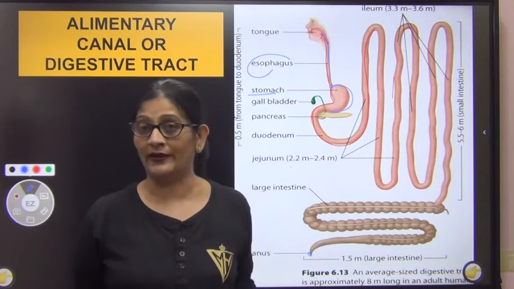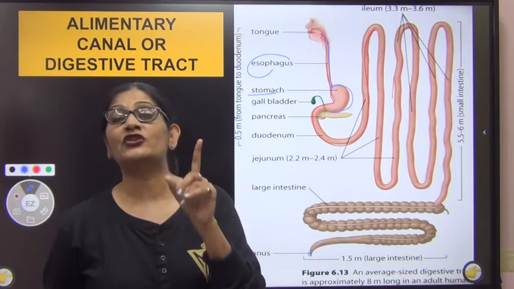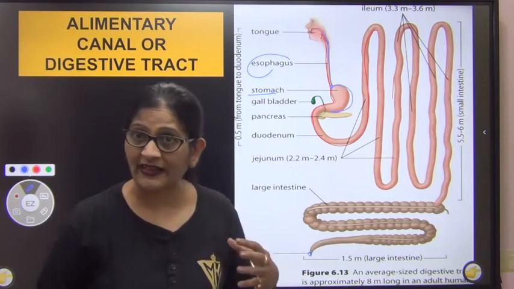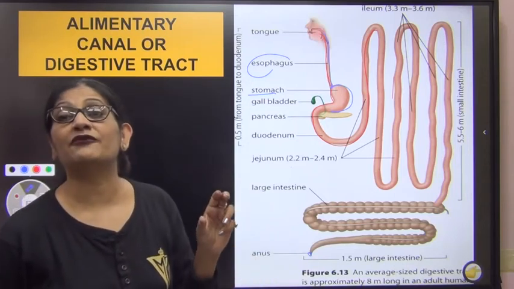Obviously it is highly coiled. So it is just one continuous tube whose diameter varies at various points. Accordingly, each part is labeled as a different organ.